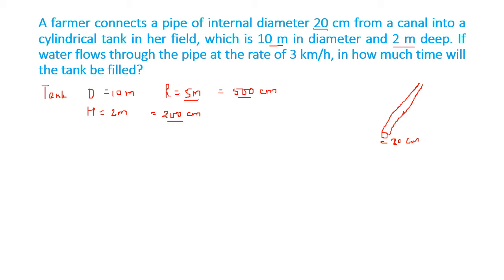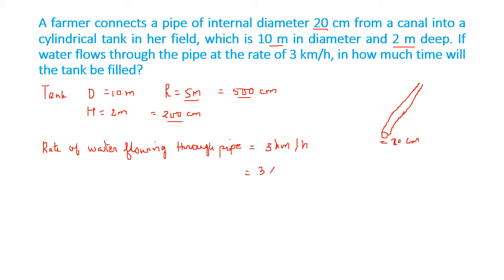Now the rate of water flowing through the pipe is 3 kilometer per hour. Let us convert into centimeter per minute.